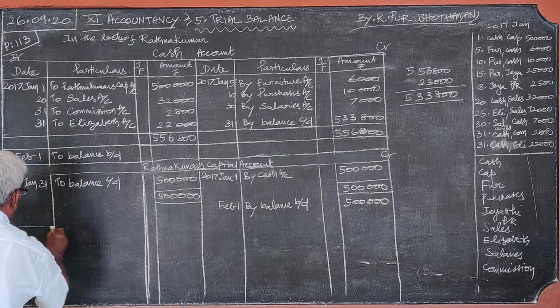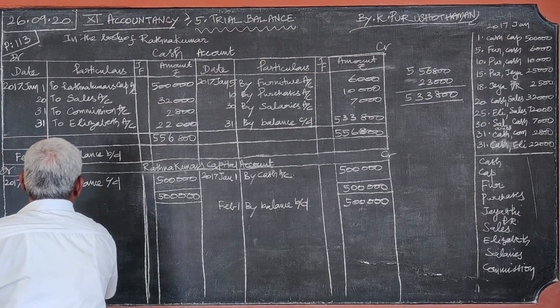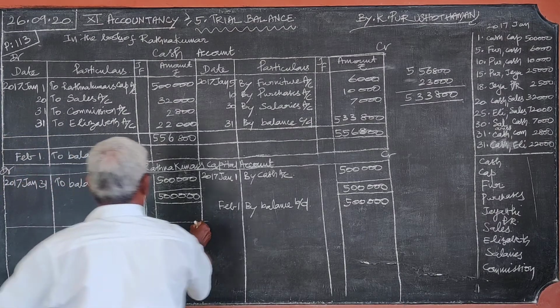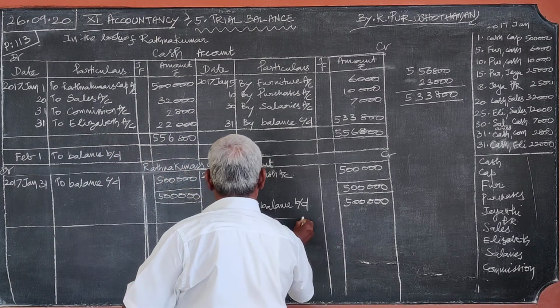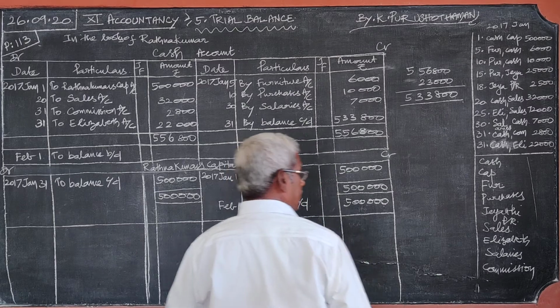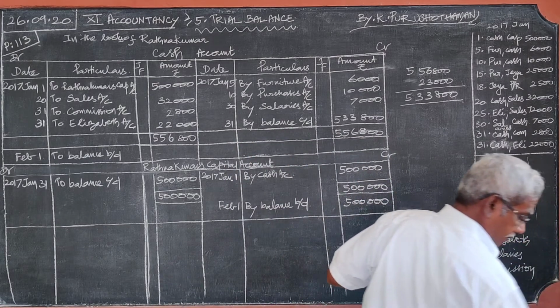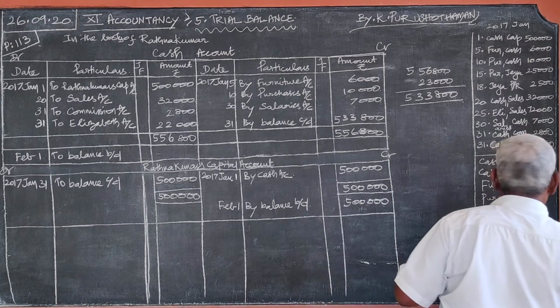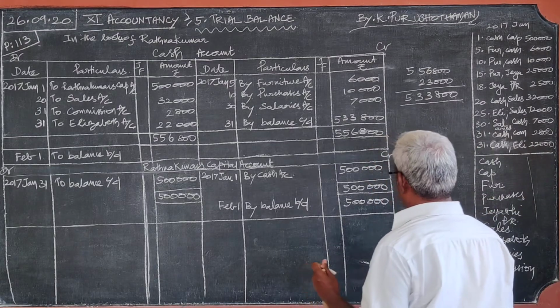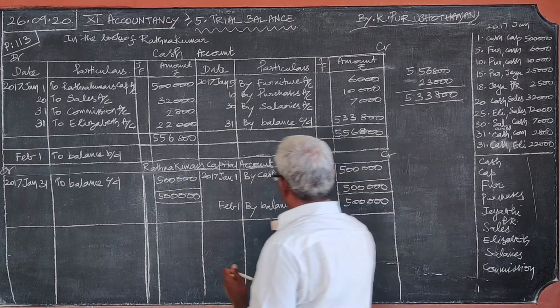We shall pass on to the third ledger. The third ledger is furniture account.